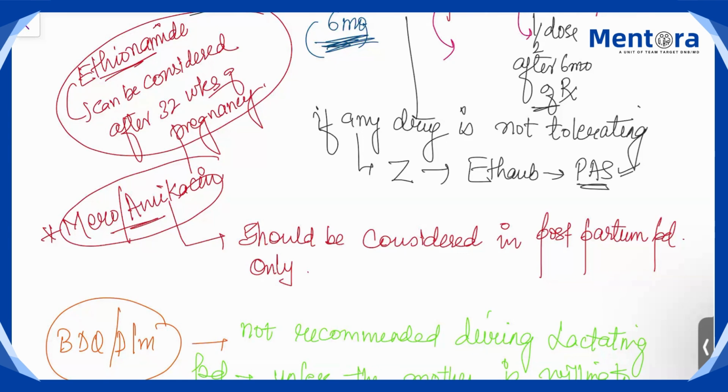So only in the case if the mother is willing to give formula feed to the baby, you can give bedaquiline and delamanid if the patient has developed tuberculosis later on and if she's in the lactating period. Otherwise, it should not be used.